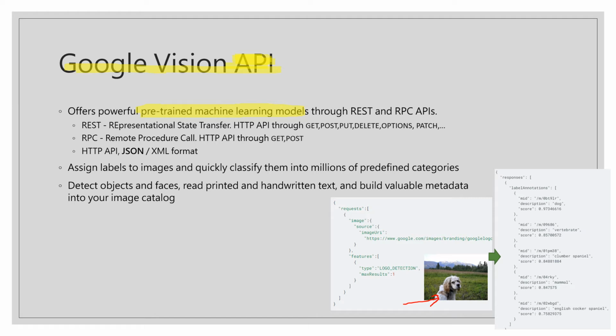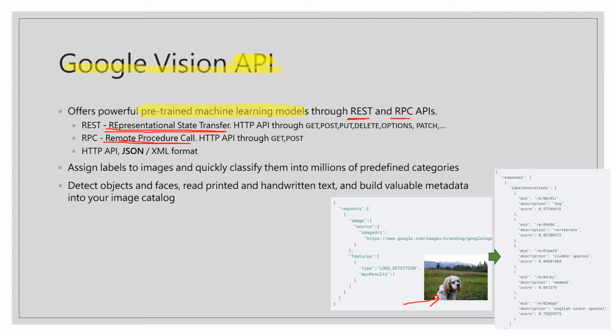So it provides two different kinds of APIs. Okay, one is REST, another is RPC. Okay, so REST means representational state transfer. Okay. So RPC means remote procedure call.